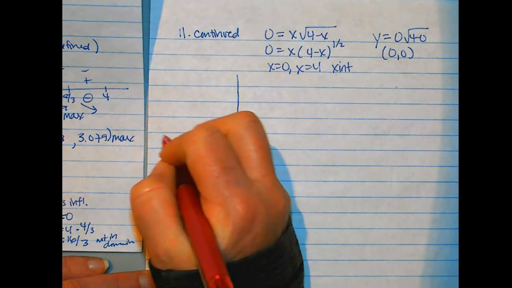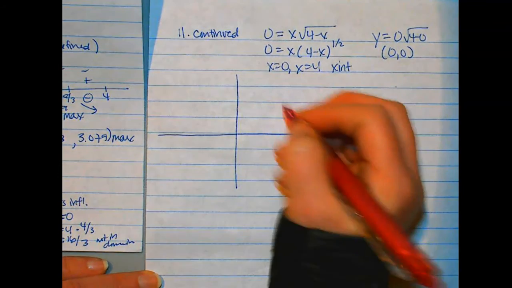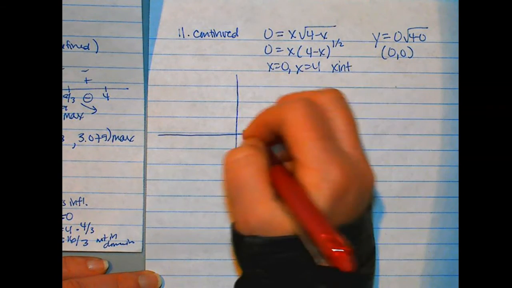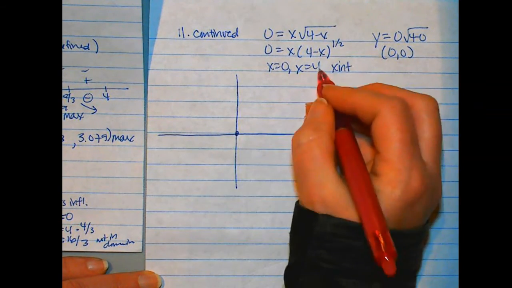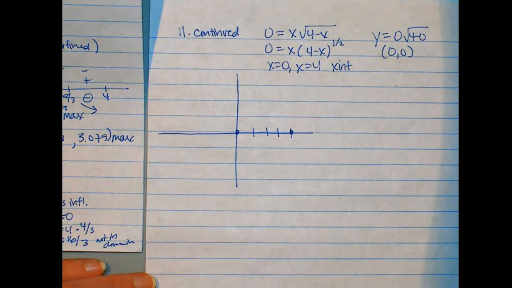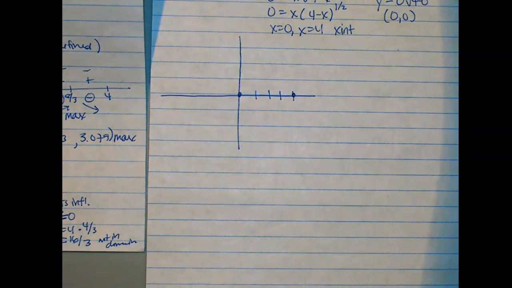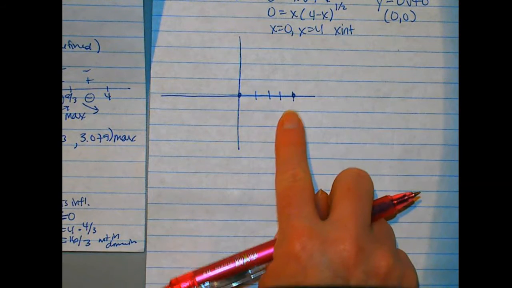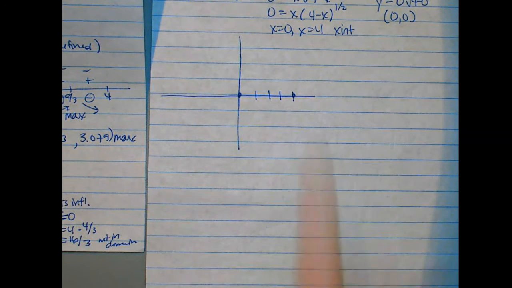Okay, let's see what we got so far. We have a point at 0, 0, a point at 4, 0, 1, 2, 3, 4. What else do we know? It can't be more than 4, so this is the end of my graph. What else?